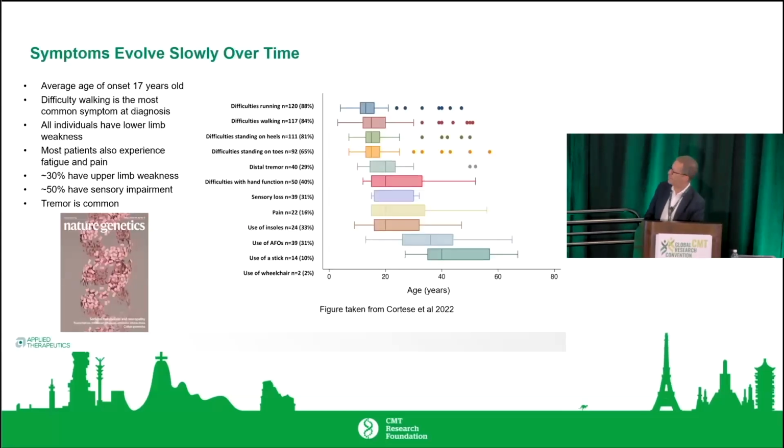This is a slide that shows some of the components of the disease phenotype, and perhaps the most interesting component to me is that there is a staggered, slow evolution with accumulation of components of the phenotype. The size of the bar also shows the heterogeneity at which some of these components of the phenotype may develop over time.